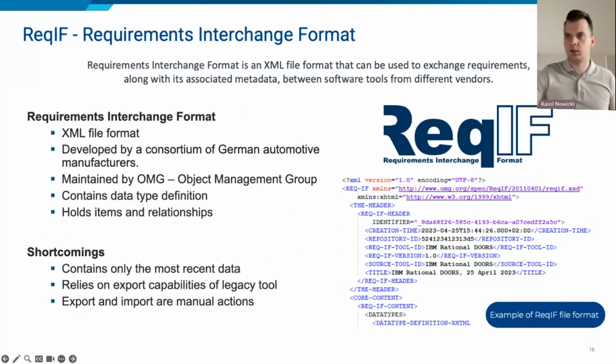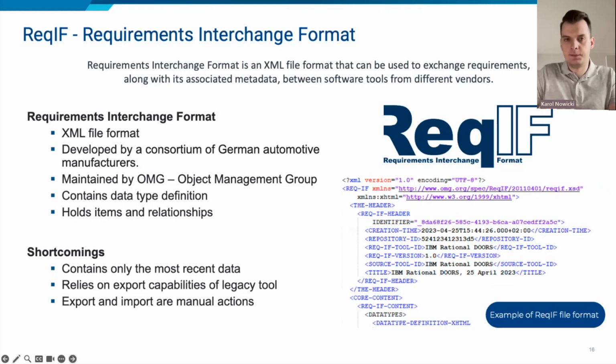The first method, ReqIF, which stands for Requirements Interchange Format, is basically an extension of the XML file format. It's used to exchange requirements, attributes, and other additional files across a chain of manufacturers, suppliers, sub-suppliers, and so on.